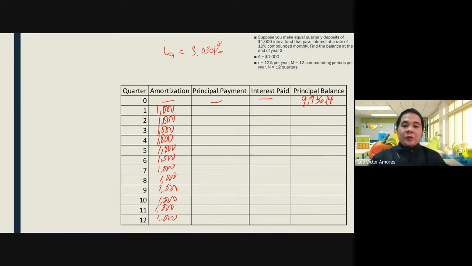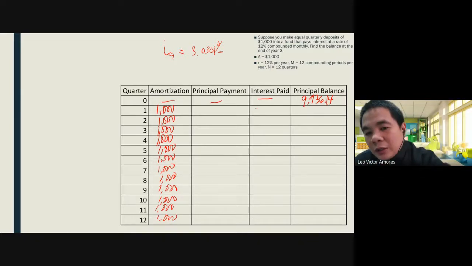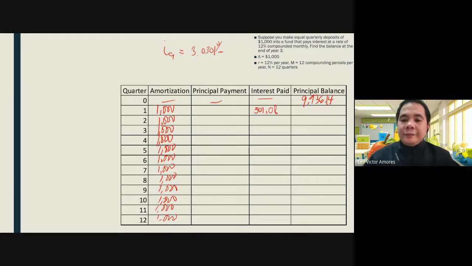Okay? So if you have a principal balance of 9,936.14 multiplied by the 3.03% interest in 1 quarter, your equivalent interest is 301.08.